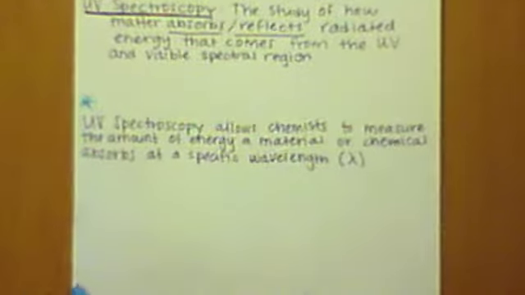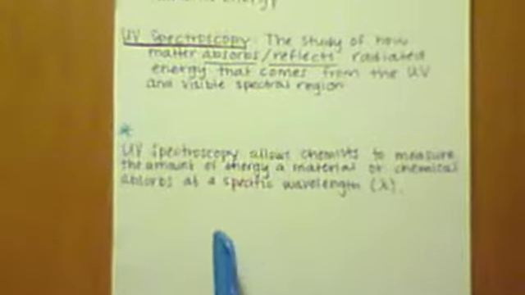So the big takeaway for ultraviolet spectroscopy is that it allows chemists to measure the amount of energy a material or chemical absorbs at a specific wavelength, and that is denoted by lambda.